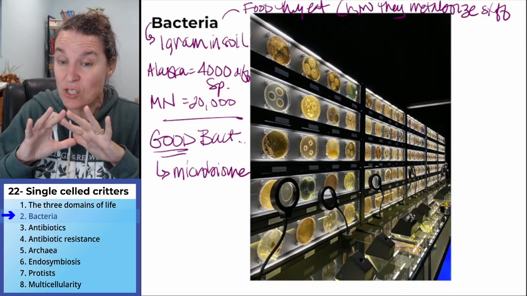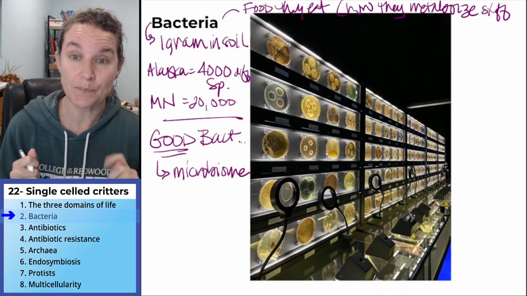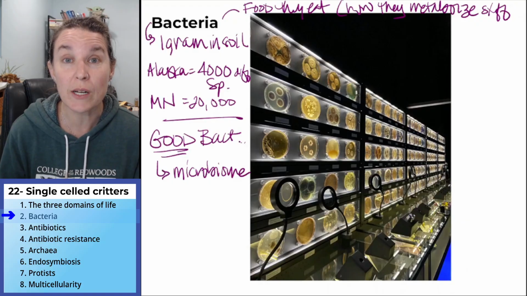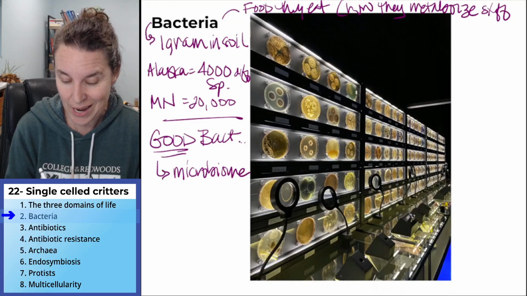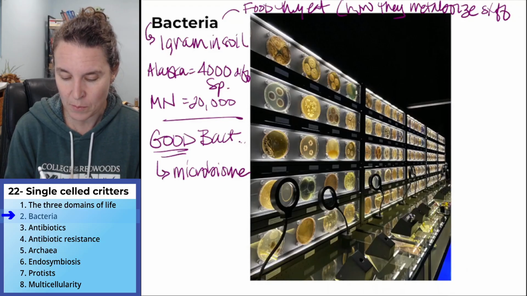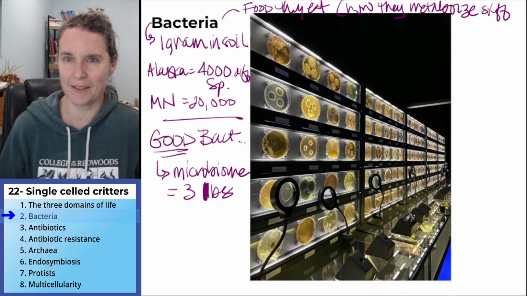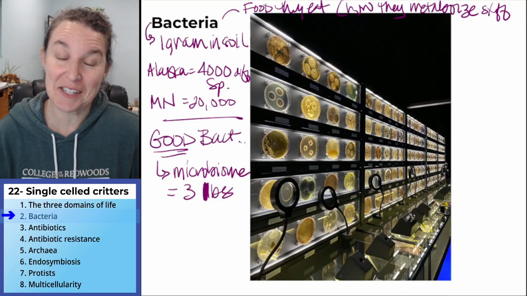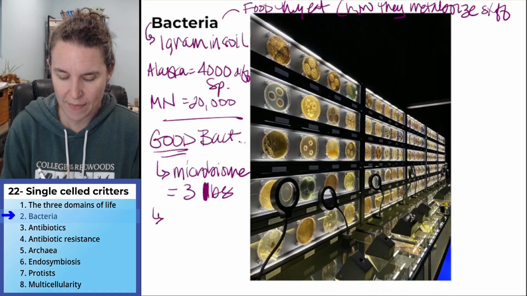There's a lot of bacteria in and on you, and they're critical for your well-being and your health. In fact, our microbiome comes out to be about 3 pounds. 3 pounds of bacteria are in and on you, and they're doing good things for you.